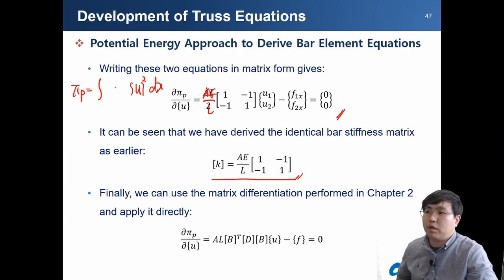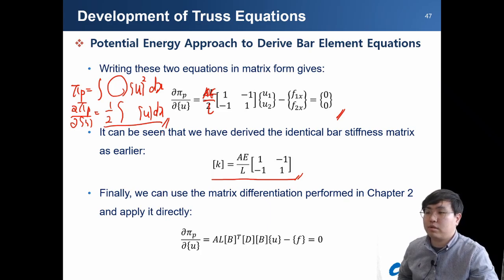Anyway, we have some values here to derive the total potential energy with respect to the u function, so that we can obtain the 1/2 equation u. This is a very simple way to obtain this kind of equation.